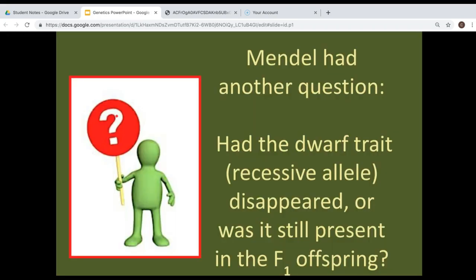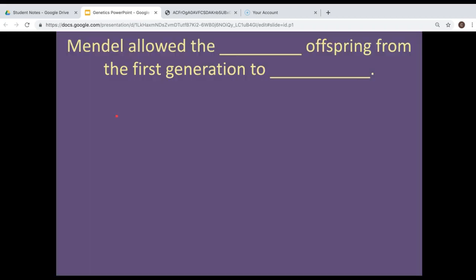So Mendel had another question. Had the dwarf trait, that trait that the dwarf plant had, the recessive allele, did it disappear? Or was it still present in the F1 offspring, just covered up? So what he allowed to happen, we're on page 4 now, is he allowed the hybrid F1 generation, the hybrid tall plants, the offspring that we got from the first generation, to self-pollinate.